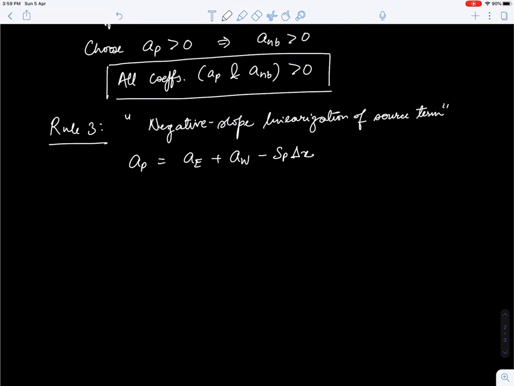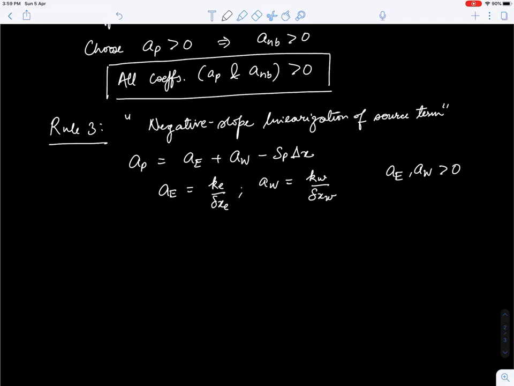Now clearly we said that, and remember AE was KE by delta XE, AW was KW by delta XW. So clearly AE and AW are both positive numbers.